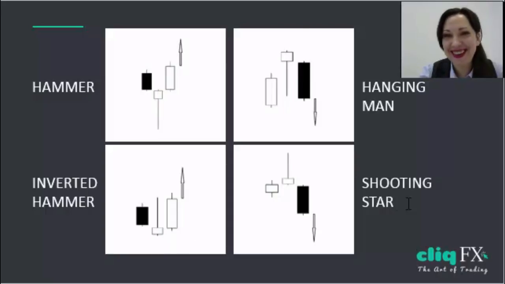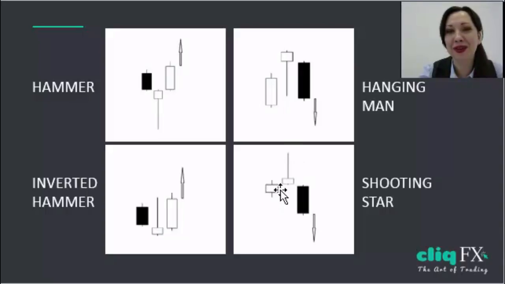And the shooting star is the third type of star that I was going to talk about. It's actually the mirror reflection of the hammer, if you look at it like that. It looks like the inverted hammer because the tail is pointing up. So as not to be confused, I'll tell you the same rules, the same confirmations of the signal apply.